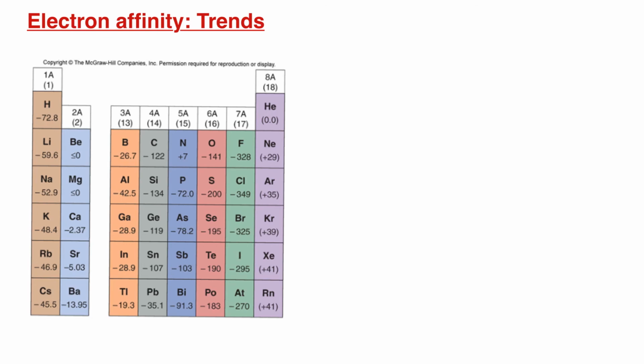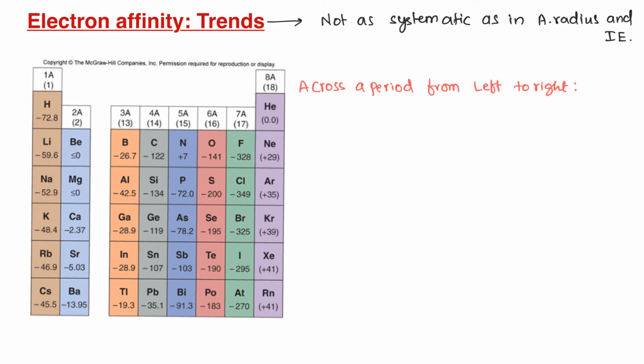The trends in the electron affinity are not as systematic as the trends in atomic radius and ionization energy. Across a period from left to right, the effective nuclear charge increases and it attracts the added electron more strongly.